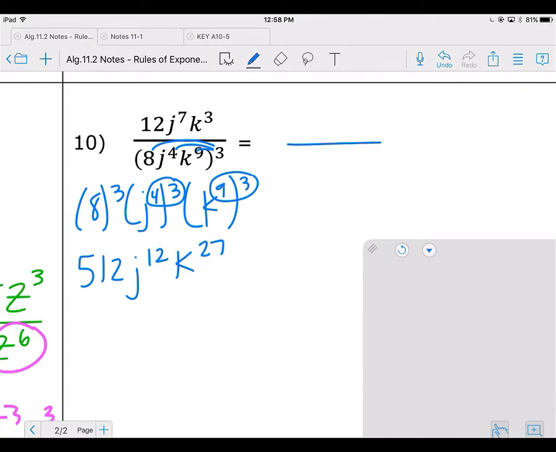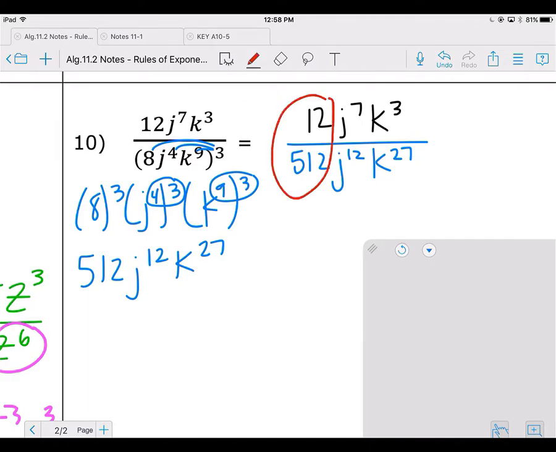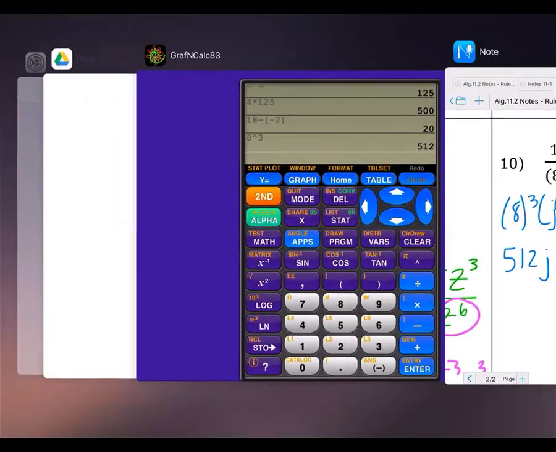And I'm going to replace this with a bottom. I haven't done anything with the top. Now with the top, I'm going to divide. Note, the same idea applies. 512 is bigger than 12.